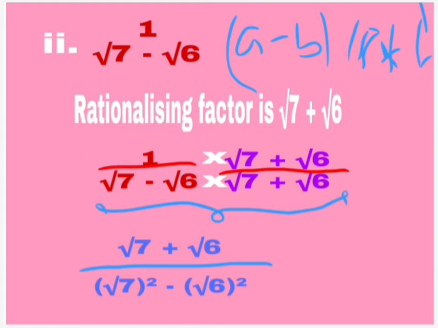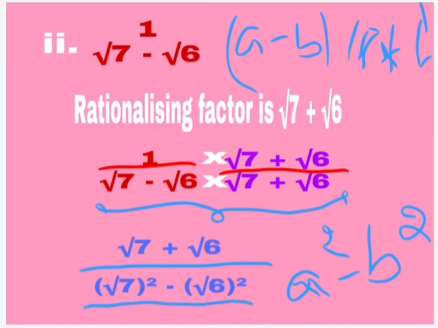With the help of the identity, we will write this product of the denominator in the form a square minus b square, which is root 7 square minus root 6 square, right? So this identity we will use repeatedly. So you have to remember the usage of this identity when we are solving this type of questions.